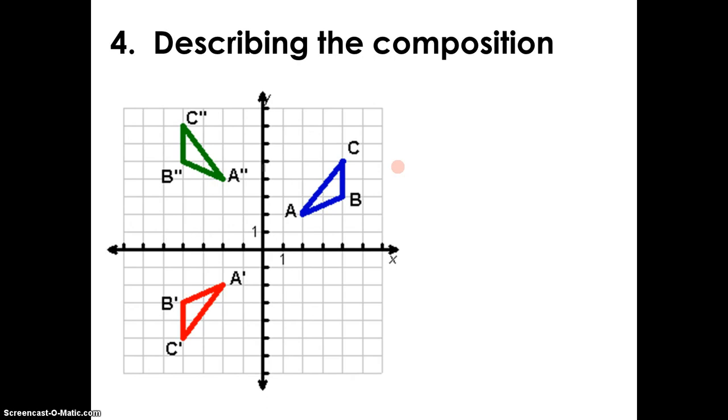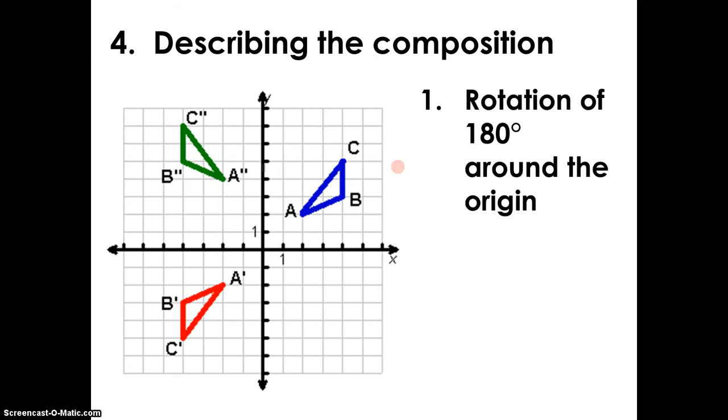So what did we do to this blue triangle ABC to get to the red triangle? We know that we went to the red triangle because it just has one prime mark, so A prime, B prime, and C prime. If you look at it, you can see that we rotated 180 degrees to get those new points.